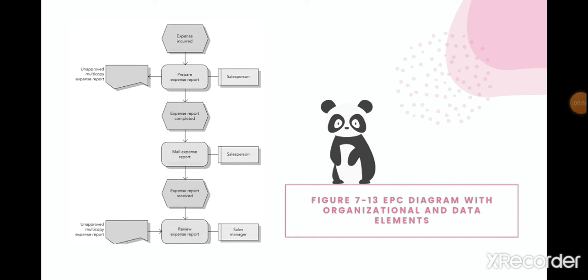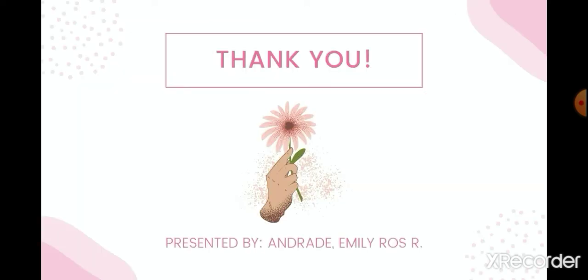The diagram also shows data elements, which is the unapproved multi-copy expense report, and organizational elements, which are the salesperson and sales manager. The additional elements allow for a more complete description of the process, documenting the who and what aspects of the process. That will be all. Thank you.